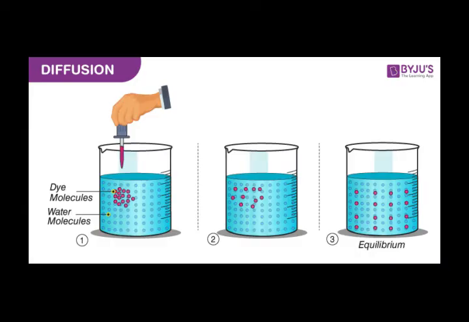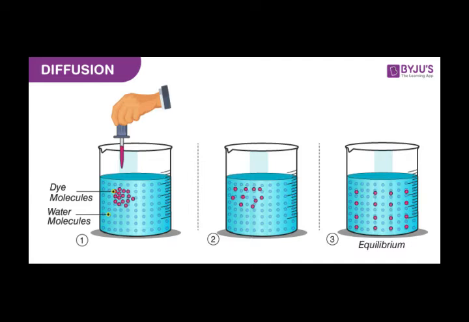Next topic is about diffusion. And diffusion, it's not a new term for you all. You have already done it in chemistry. So what is this diffusion? Diffusion is the net movement or free movement of molecules from an area of higher concentration to an area of lower concentration.